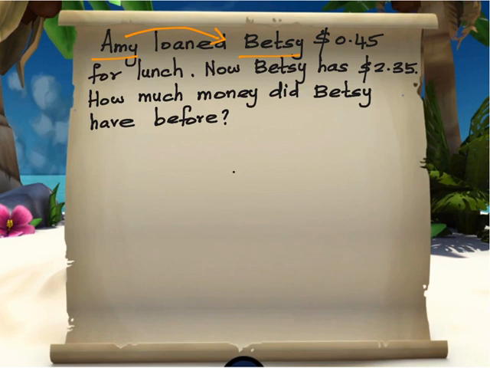Okay, so how much money did Amy give to Betsy? The amount of money that Amy gave to Betsy is $0.45. So Betsy got the money from Amy, and now she has $2.35.